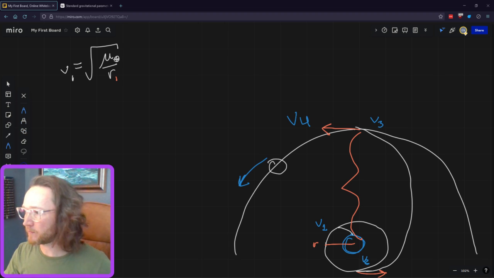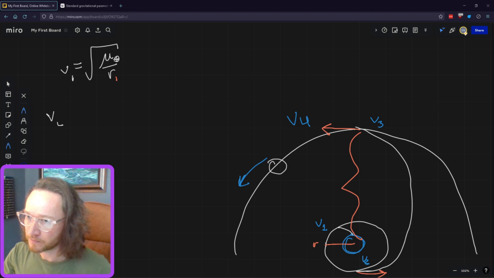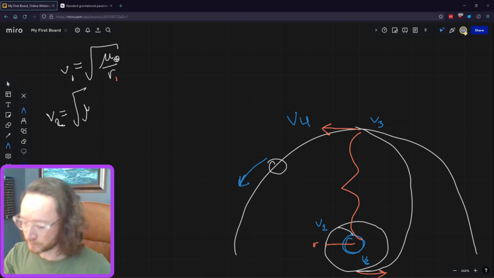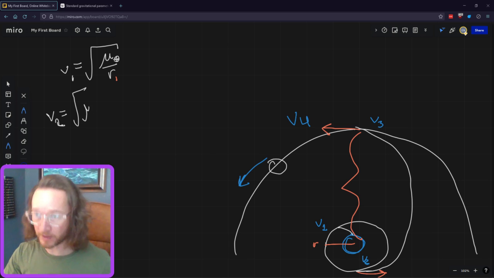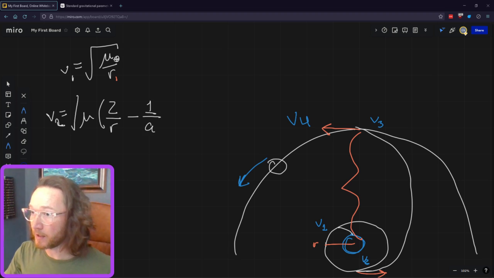Our V2 is found by the vis-viva equation, which is an extension of this circular equation. So V2 is the square root of mu times (2 over r minus 1 over a).